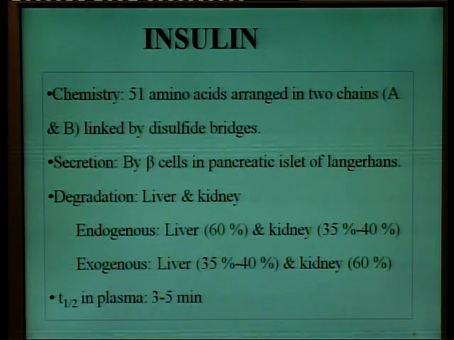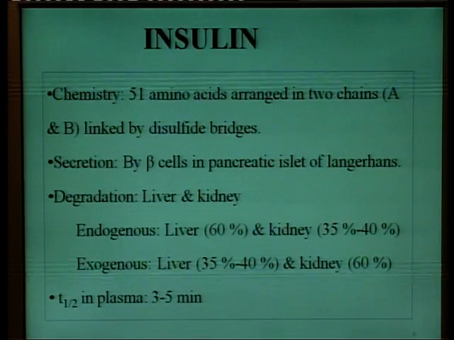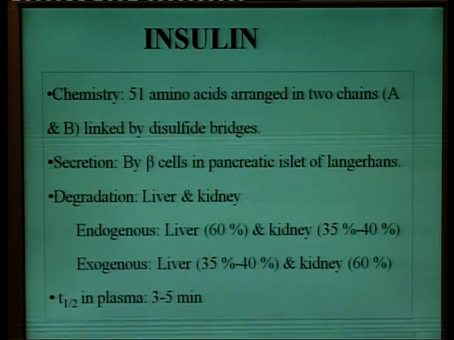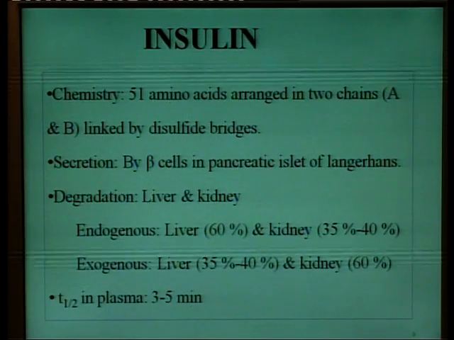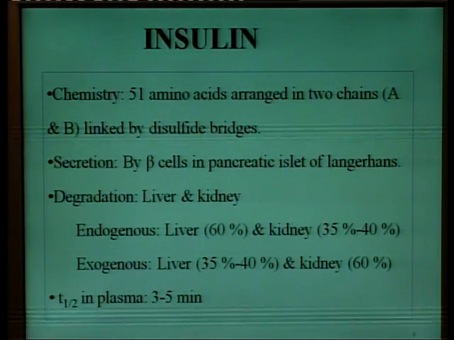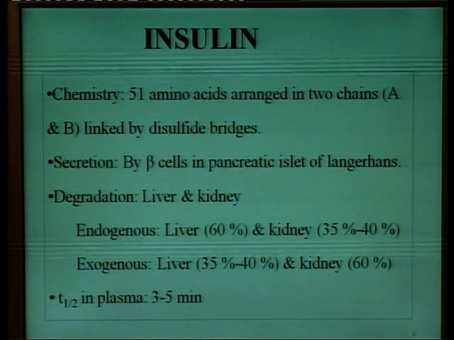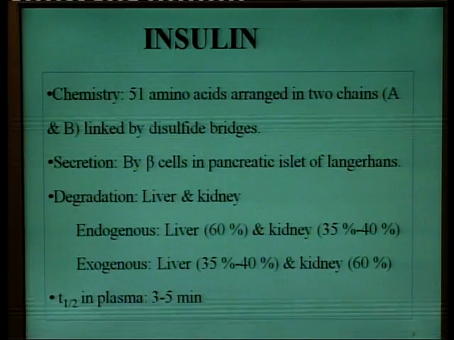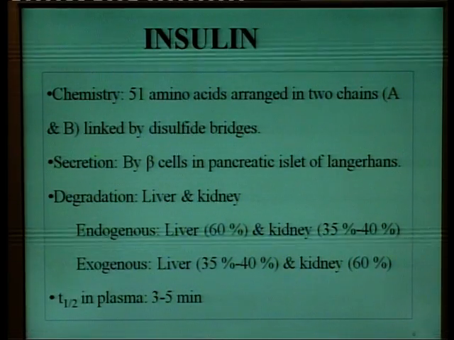What is insulin? Talking about its chemistry, insulin is made up of 51 amino acids. They are arranged in two chains, A and B, linked by disulfide bridges. They are secreted by the beta cells of the islets of Langerhans in the pancreas, and can be degraded in both liver and kidney.